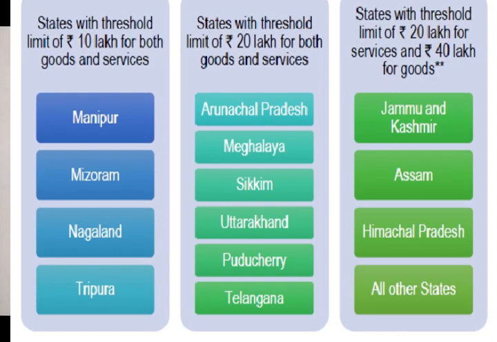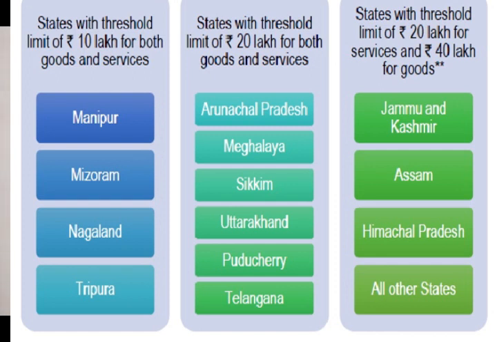States with a threshold limit of 10 lakhs for both goods and services are Manipur, Mizoram, Nagaland and Tripura. The next group is states with 20 lakhs for both, that is Arunachal Pradesh, Meghalaya, Sikkim, Uttarakhand, Puducherry and Telangana.